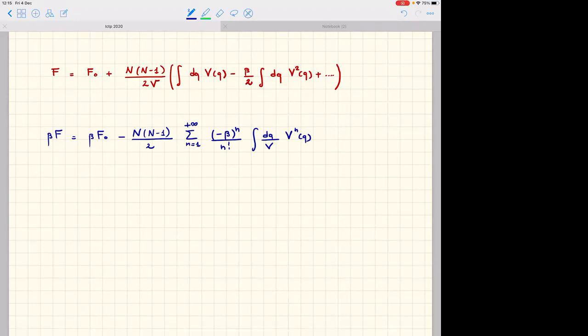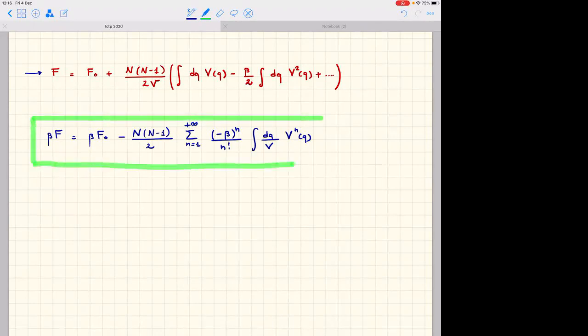You can easily check, by multiplying by beta here, that the first two terms of this expansion coincide with the first two terms we wrote down up there. And the characteristic of this expansion is that at each order, it contains only powers of V. Okay? So this is going to be the entire cumulant expansion for my system.